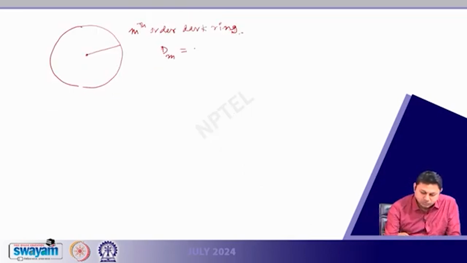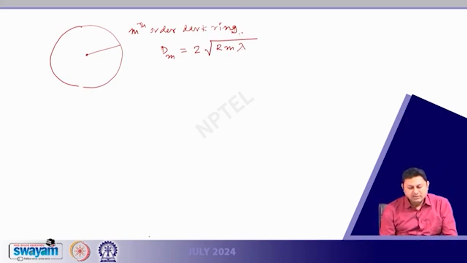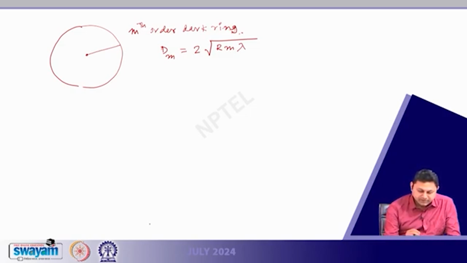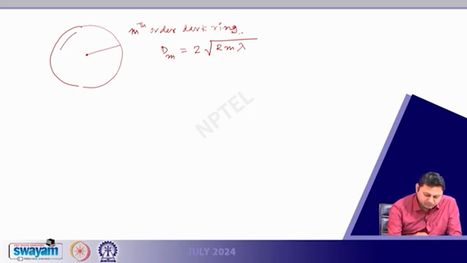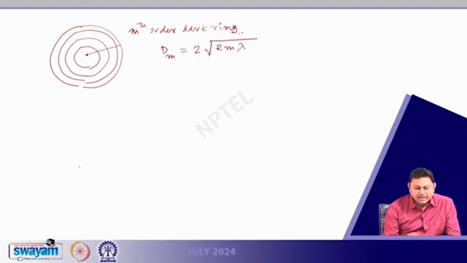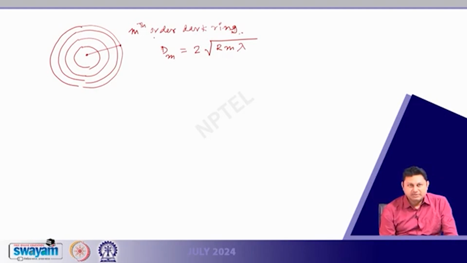So, 2 root over r m and this wavelength lambda, where r is the radius of curvature of this curved surface that we had to find the Newton's ring. This is mth order. There are other rings also, because this is a concentric structure. Suppose these are the different rings, and I am just talking about this mth dark ring.